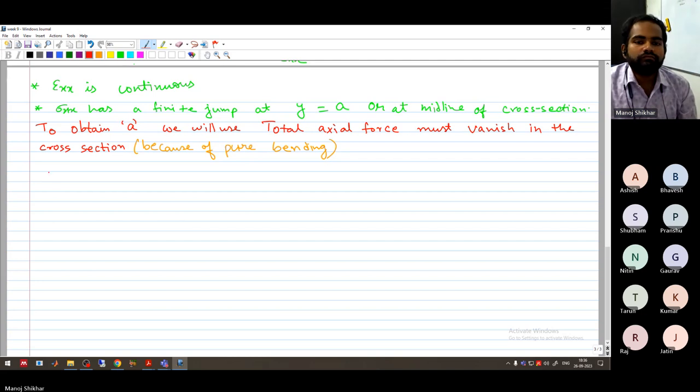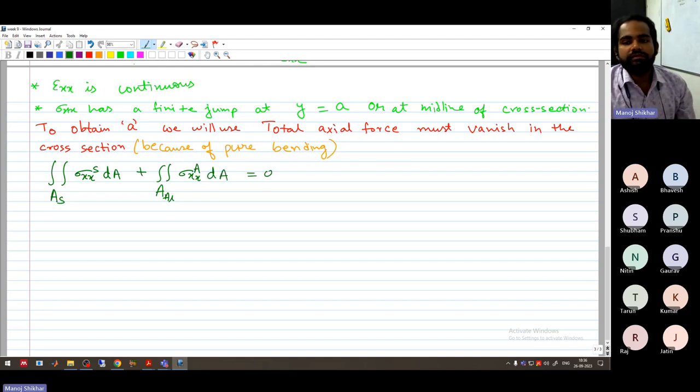So this is the A steel, which means area of steel. Sigma xx steel dA plus A aluminium, sigma xx aluminium dA equal to 0.